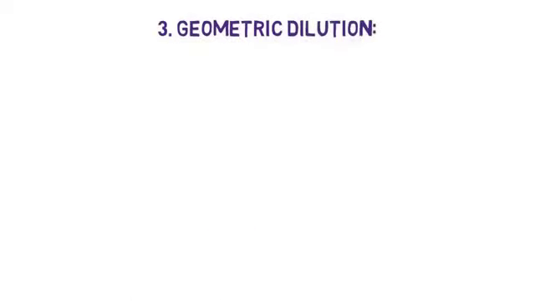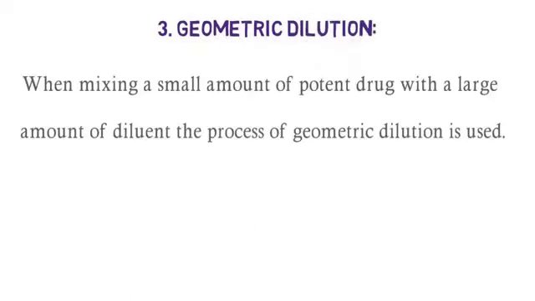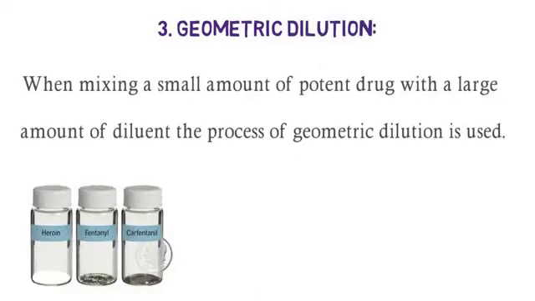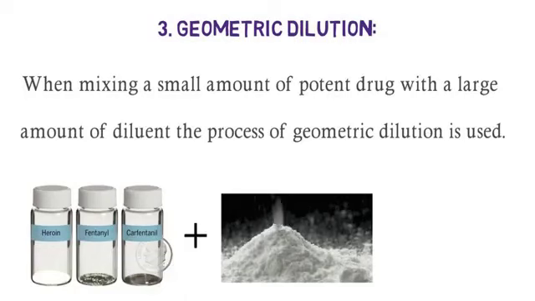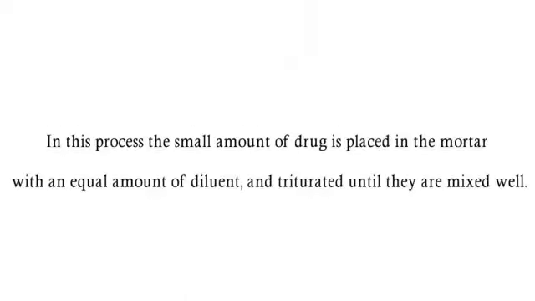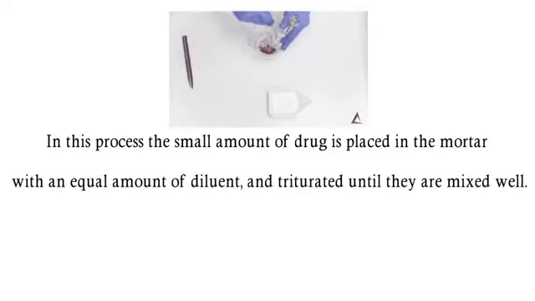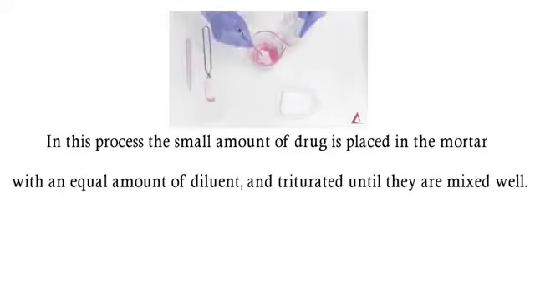3. Geometric dilution. When mixing a small amount of potent drug with a large amount of diluent, the process of geometric dilution is used. In this process, the small amount of drug is placed in the mortar with an equal amount of diluent and triturated until they are mixed well.